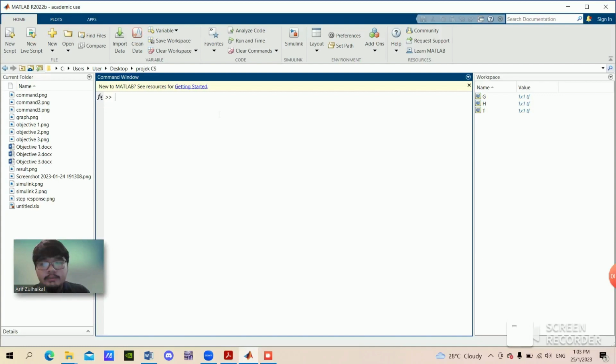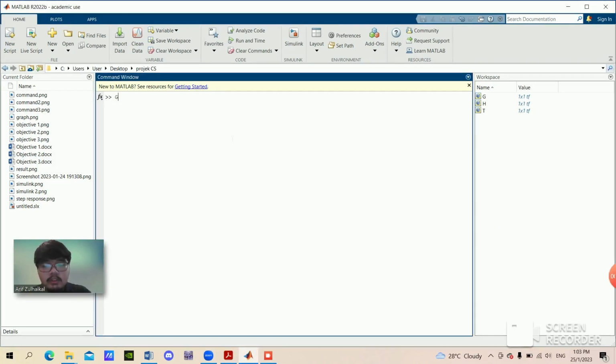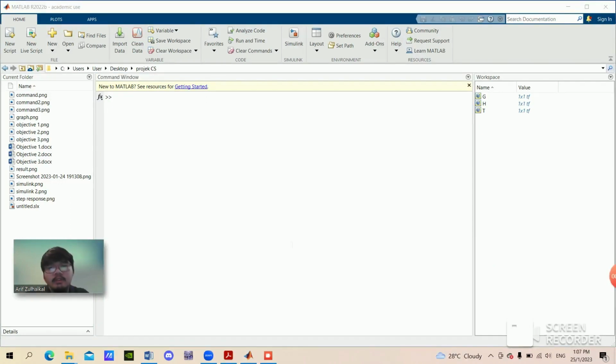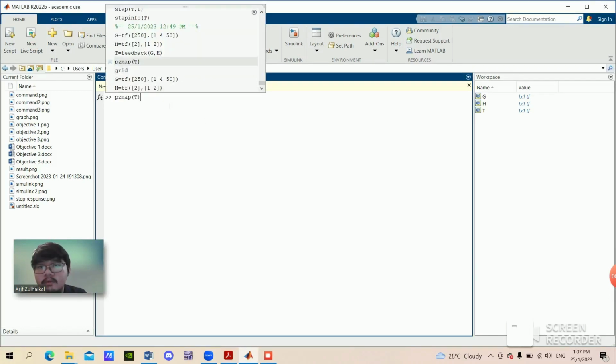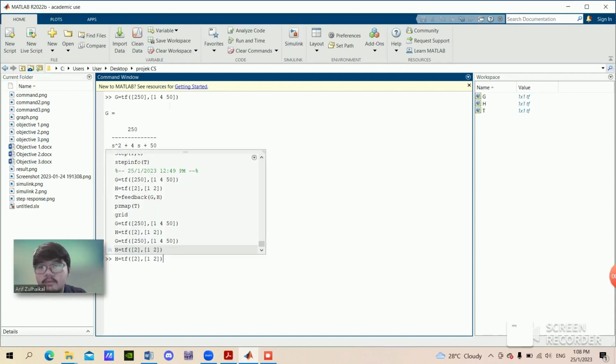To check my answer in MATLAB, first I define G equal to tf, then this equals feedback.